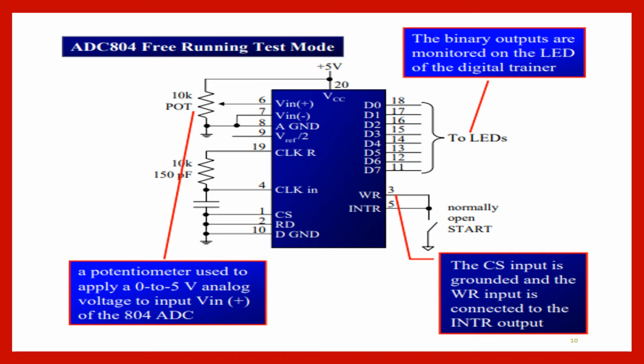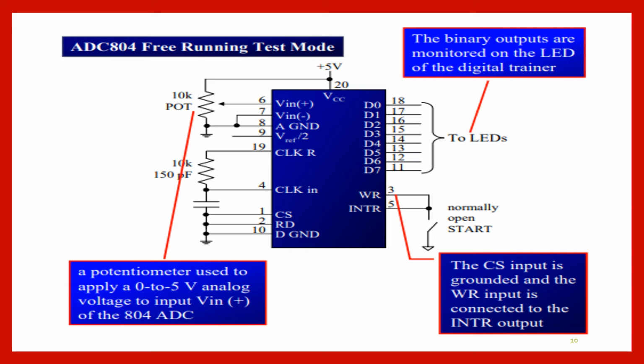You can use a D flip-flop in between to divide the frequency, and with a number of flip-flops you can get the conversion at some lower operating frequency also. So this is just the consideration as far as the clock source is concerned.